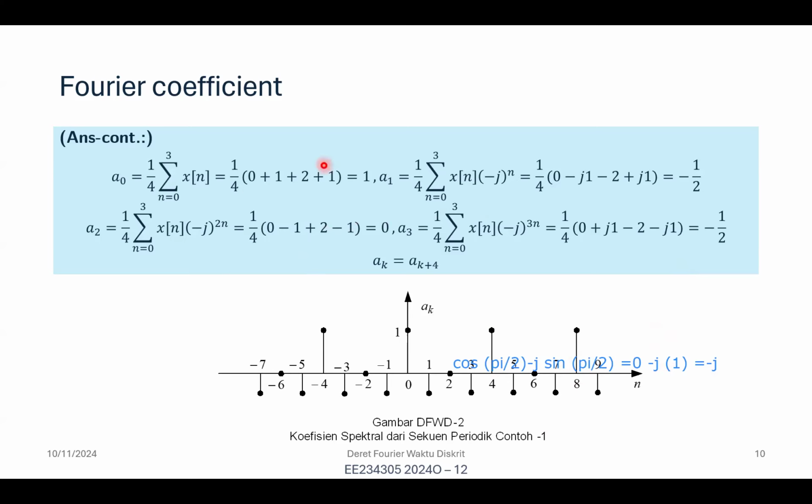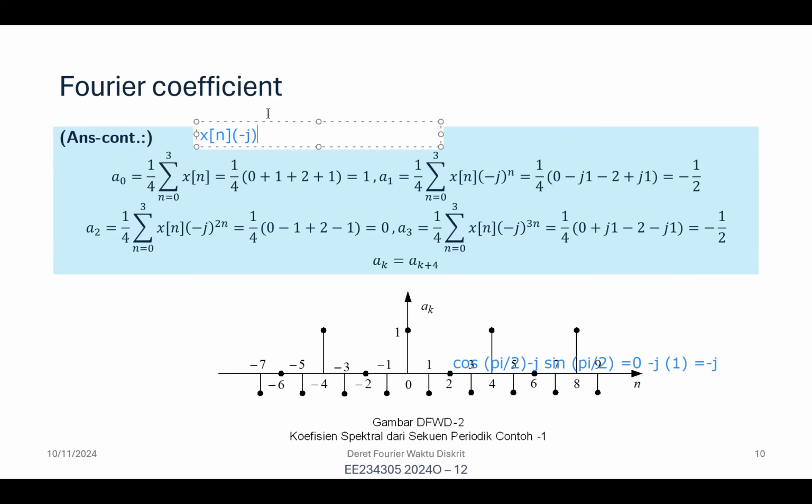So here we see that A0 is 1/4 times the summation of x[n] times minus j, because we have minus j in the previous slide. But now we have minus j to the power of kn, right? So k is 0, and 0 times everything is 0.